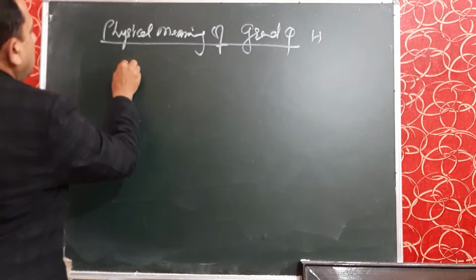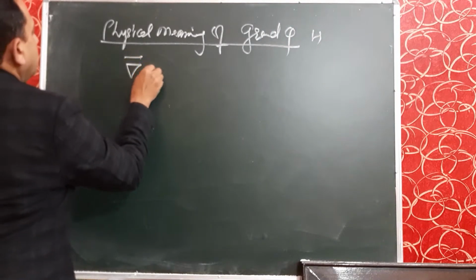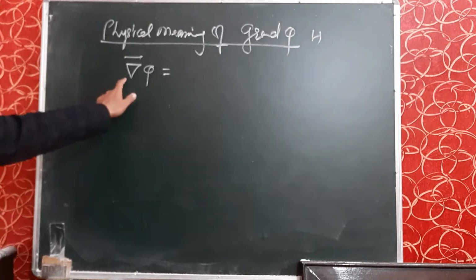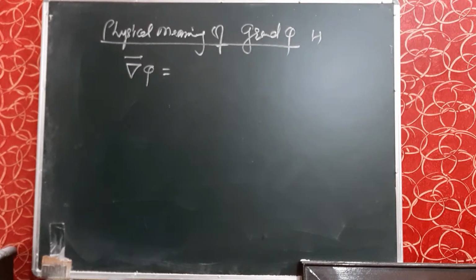So grad phi may be written as del phi, because grad means the first order differential part, that is the operator del applied to phi, which is called grad phi.